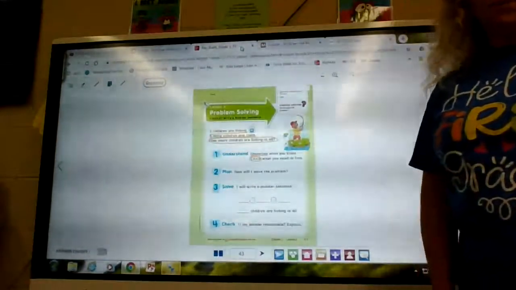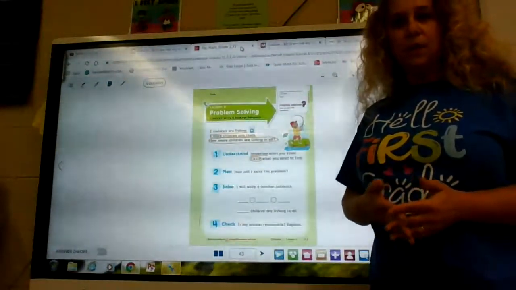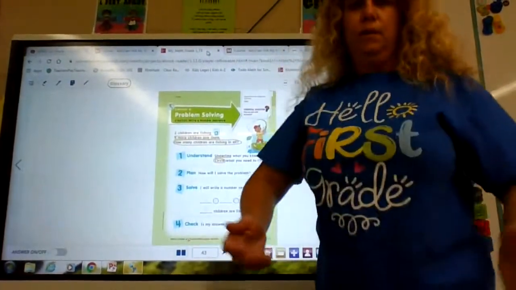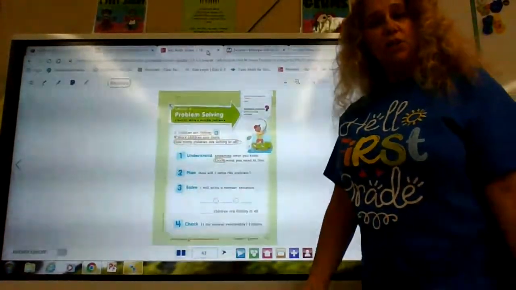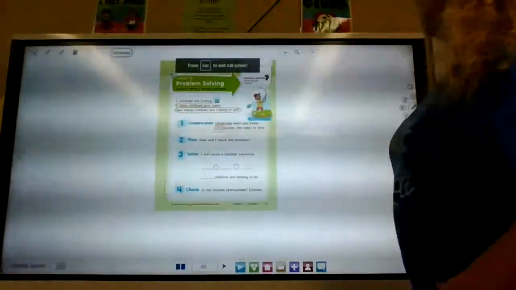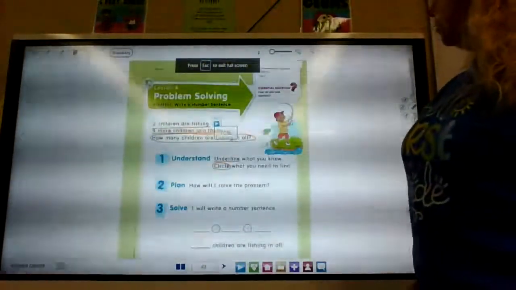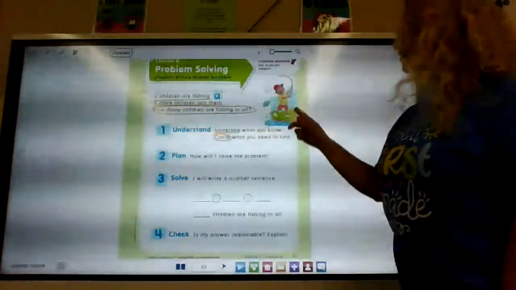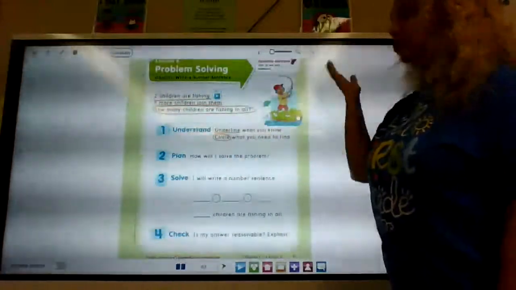Okay, so when we're reading a story problem, we need to look at all of the things that we know, and then the question of what we need to find out. So we're going to look at our first page here. We have a story problem about children fishing.